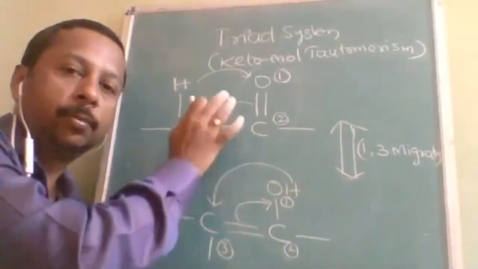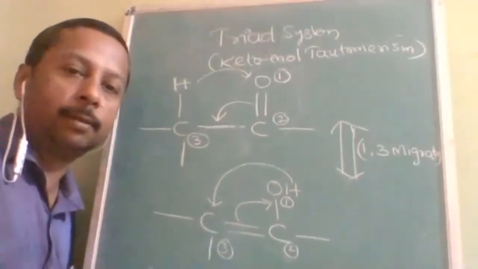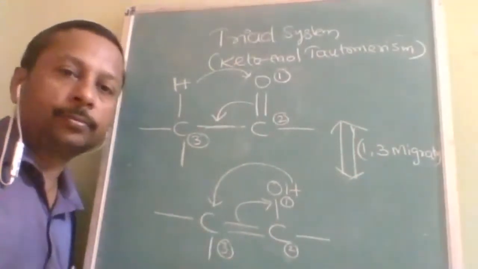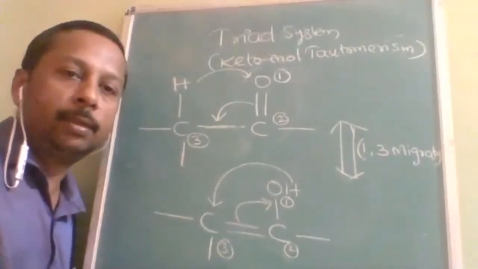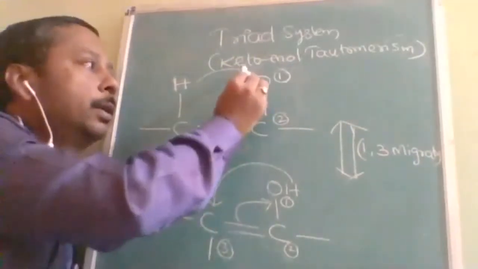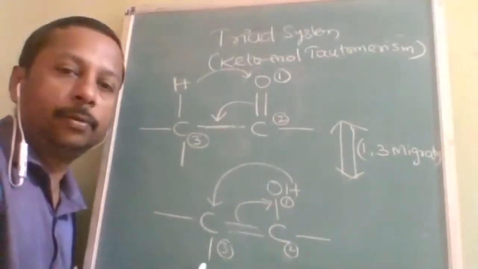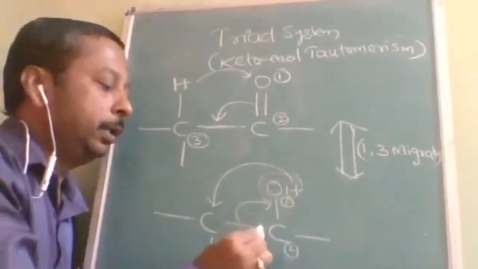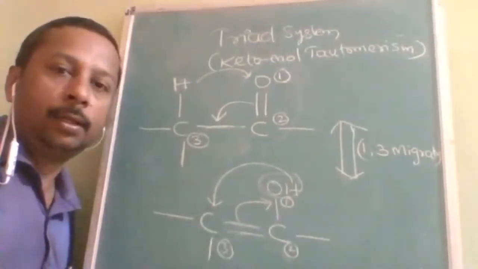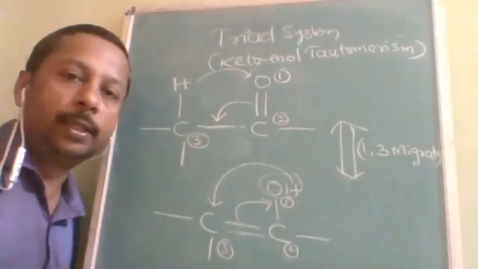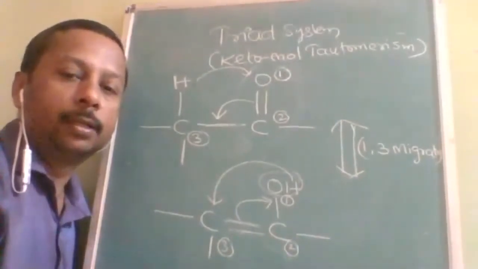If keto form is more stable, there will be more molecules in keto form. So this is the conversion of ketone into the double bond alcohol. That's why it is called keto and enol. Is it clear to all of you? Ol means alcohol, ene means double bond, and on the same carbon, both are available. So that is how keto-enol tautomers arise from each other in the triad system.